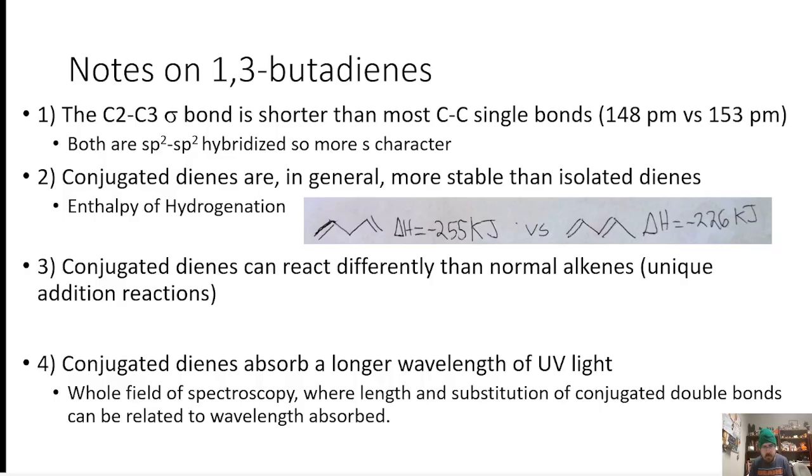There's a whole field of spectroscopy where you can use the length of the double bonding and the substitution on these conjugated double bonds to calculate what light it should absorb, but it is a whole mess. It's not as useful as infrared, NMR and mass spec is. So I'm not going to teach how to calculate the ultraviolet light predicted for these.